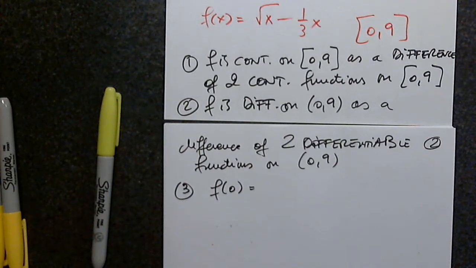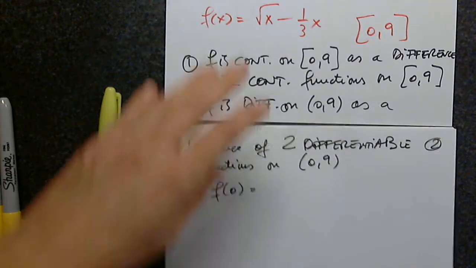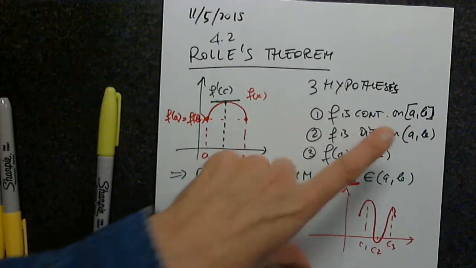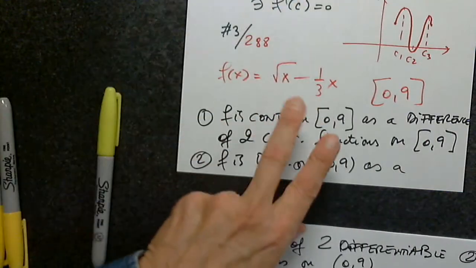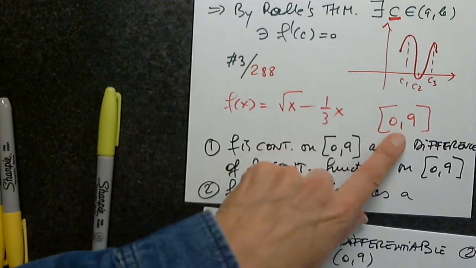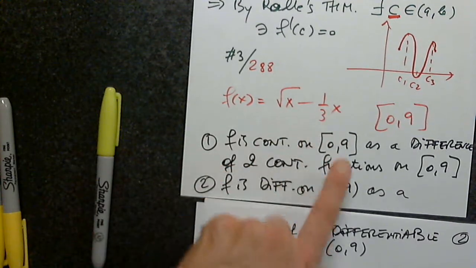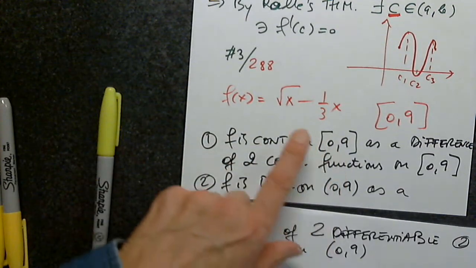The sum or the difference of two continuous functions is also continuous. So first I have to state the first hypothesis, which says that the function is continuous. Yes, it's a difference of two continuous functions. This is continuous everywhere on 0, 9, and this is continuous everywhere on 0, 9. So then their difference must be continuous on 0, 9.